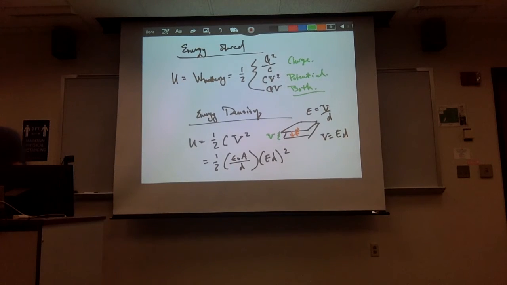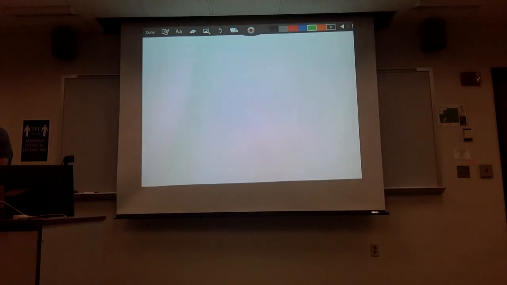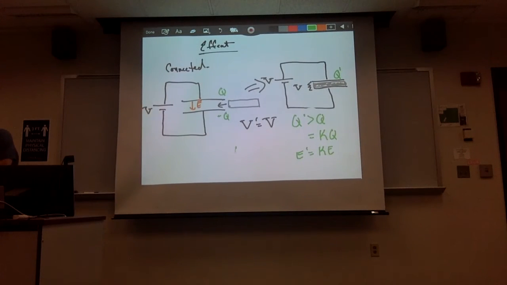So in this case, the energy which is being stored inside of the plates also increases by an amount of the dielectric constant. The amount of energy which is initially stored between the plates is now increased due to the fact that I have inserted this dielectric.